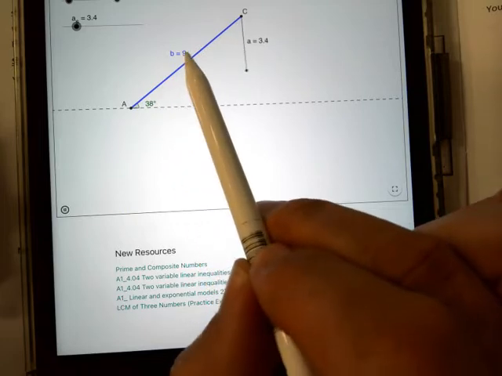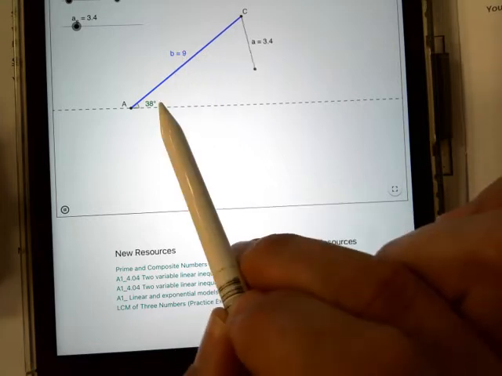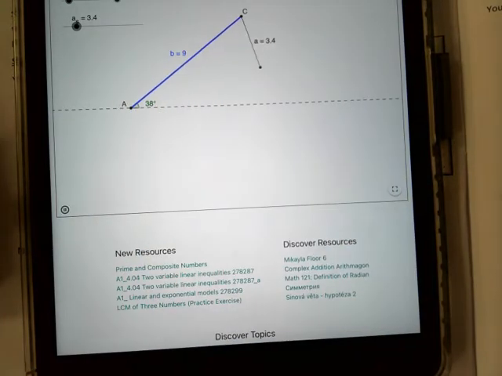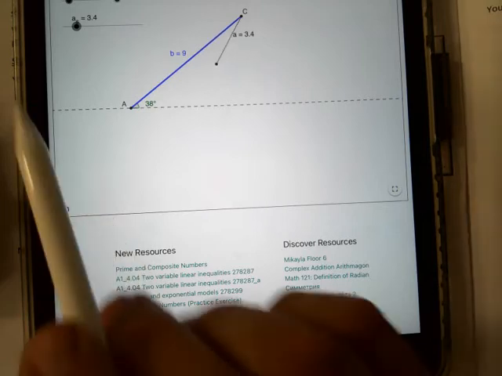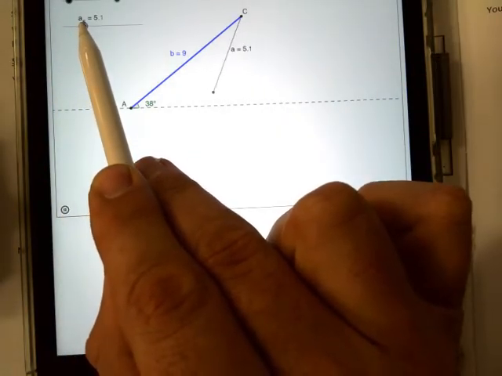Can you quickly do that? Just have that on your calculator. 9 times sine of 38. I will do that too. 5.54, so I need this side to be 5.54.